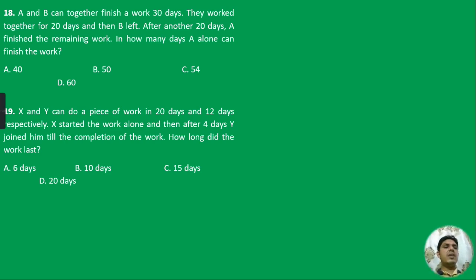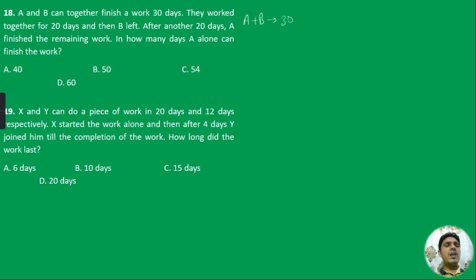The question is saying that A and B can together finish a work in 30 days. So make it as A and B together can complete a work in 30 days. They work together for 20 days, then B left.